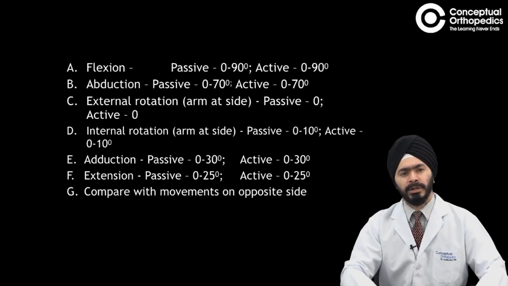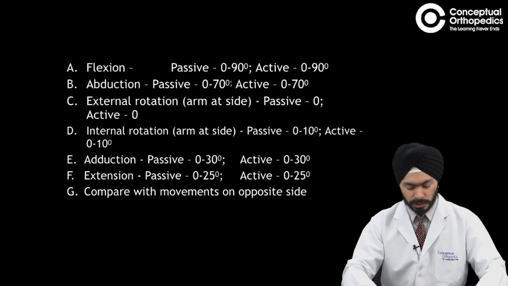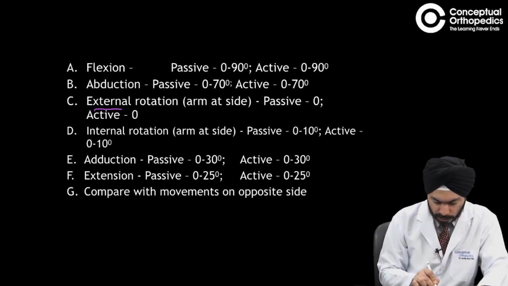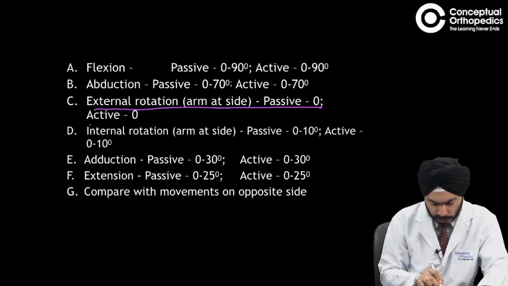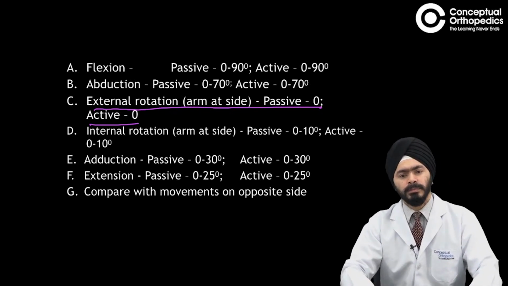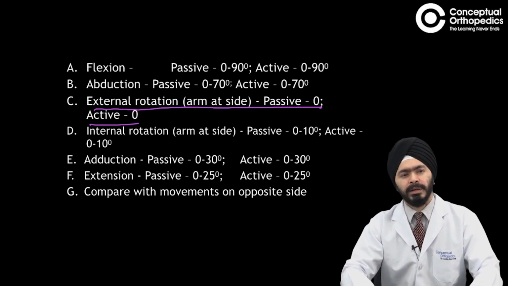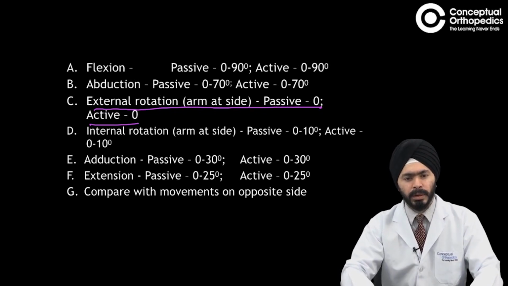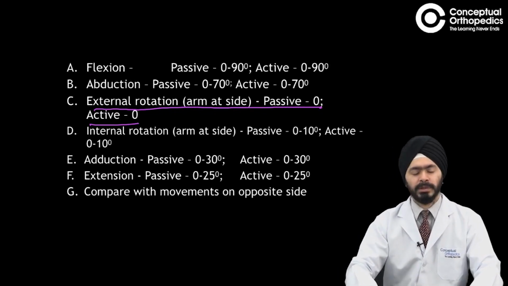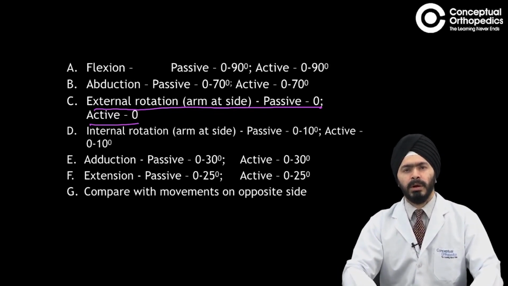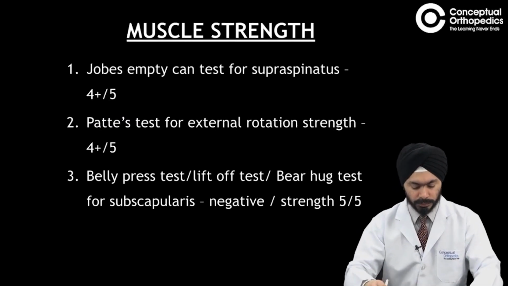Again, some amount of internal rotation may be present, but the most specific sign in a patient with neglected posterior dislocation is your locked in internal rotation or complete loss of external rotation. You can comment upon adduction, extension, whatever is present. Always compare with the normal opposite side.